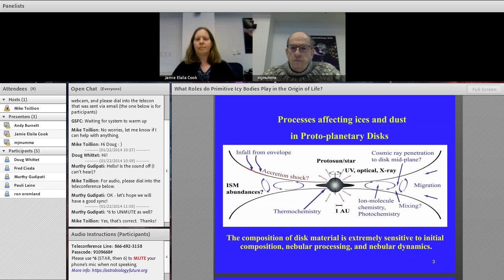Some involve transport, both radially in and out. Some involve transport vertically, shown here as a circle above the midplane, carrying material up to the region where UV, optical and X-rays can penetrate, at different depths. There one can see a lot of processing going on.